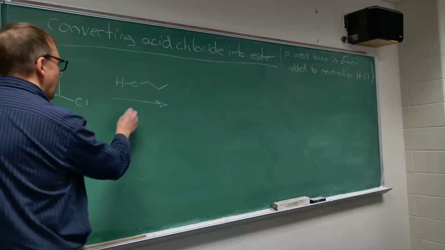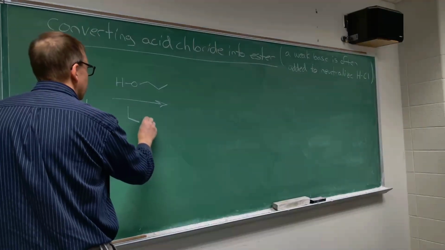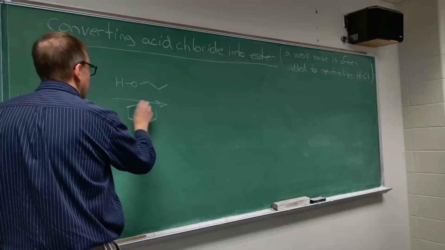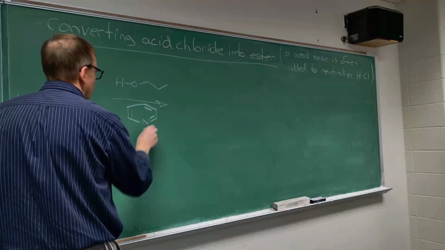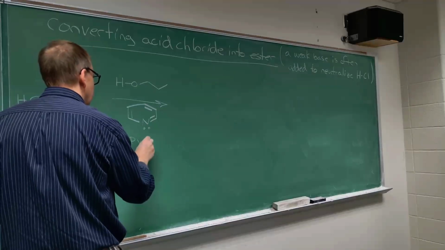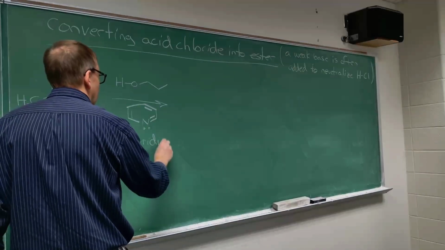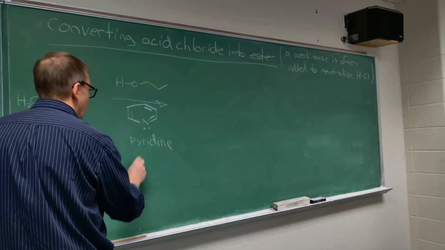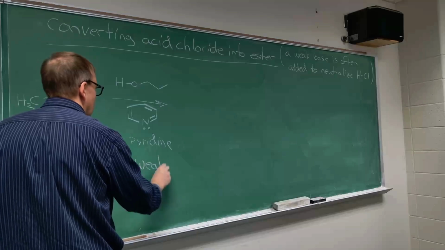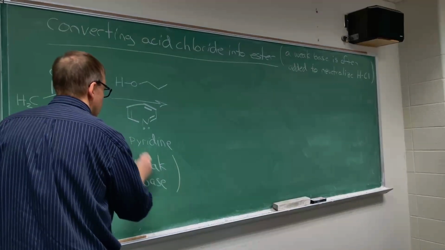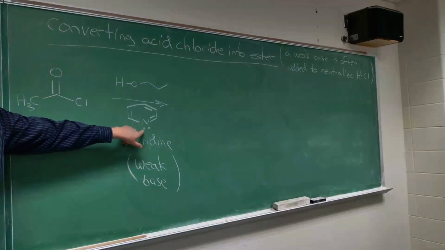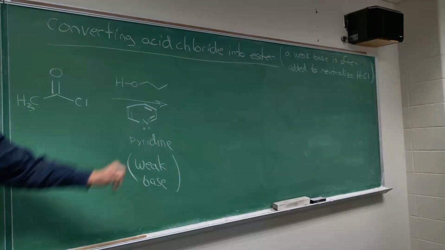And the other reagent I'm going to put in here is one called pyridine. So this is one of the things that the book talks about, is this is pyridine, and it is a weak base. So its function is that that lone pair likes to grab H's.